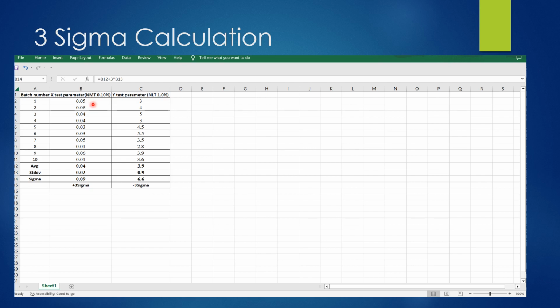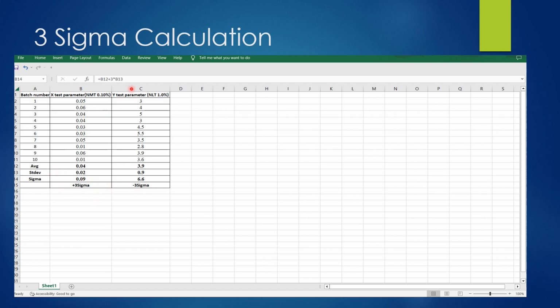So in this case, we are going to go with the plus 3 sigma. And for not less than, we are going with the minus 3 sigma range. And if a test parameter has both limits, for example, not less than as well as not more than, then we have to consider plus 3 sigma and minus 3 sigma as well.